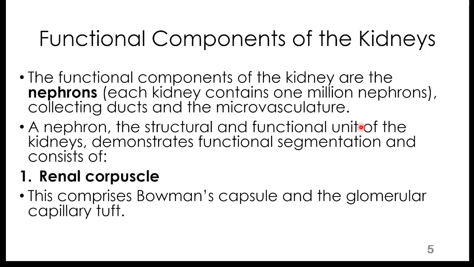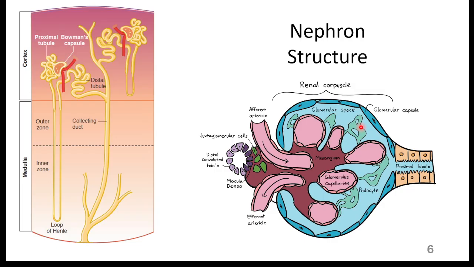Now, the functional component of the kidney is the nephron, and each kidney contains about 1 million of these. The nephron consists of the renal corpuscle, which is simply the Bowman's capsule, together with the invaginating glomerular capillary tuft. These cartoons show what we're talking about.